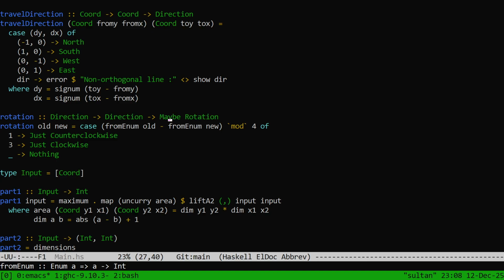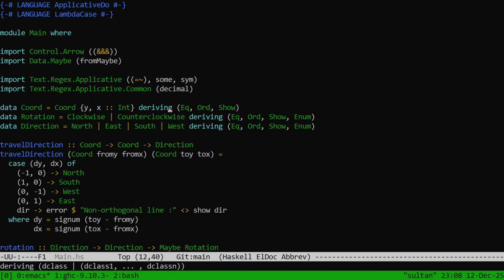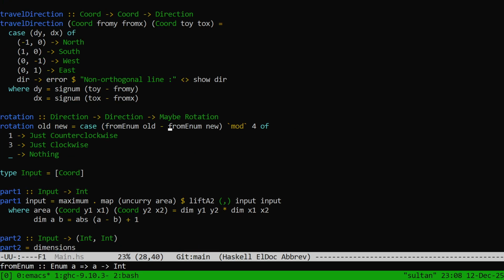Way more working with orientations and directions than I thought we would be today. There's got to be some simpler way to do this whole problem that doesn't involve this, but I was not able to think of it, so this is what we're doing.